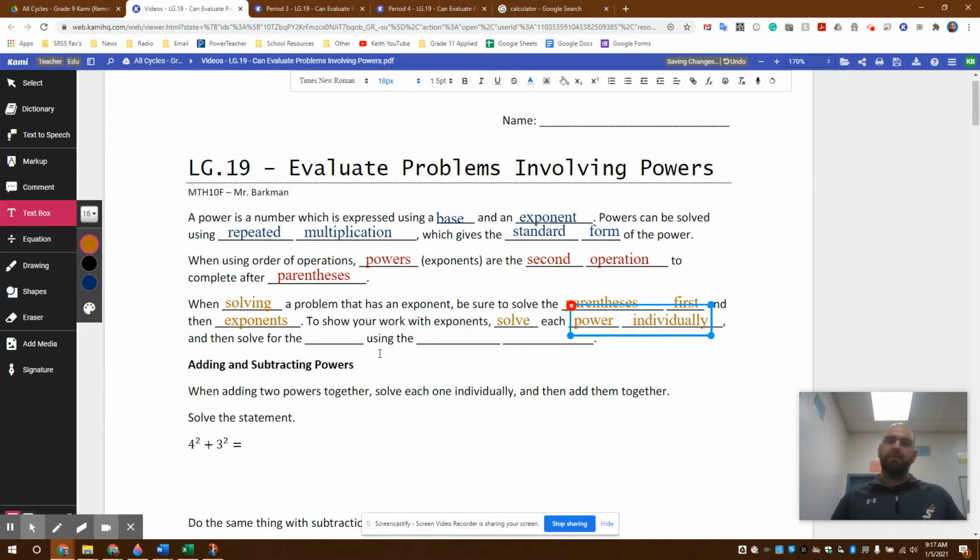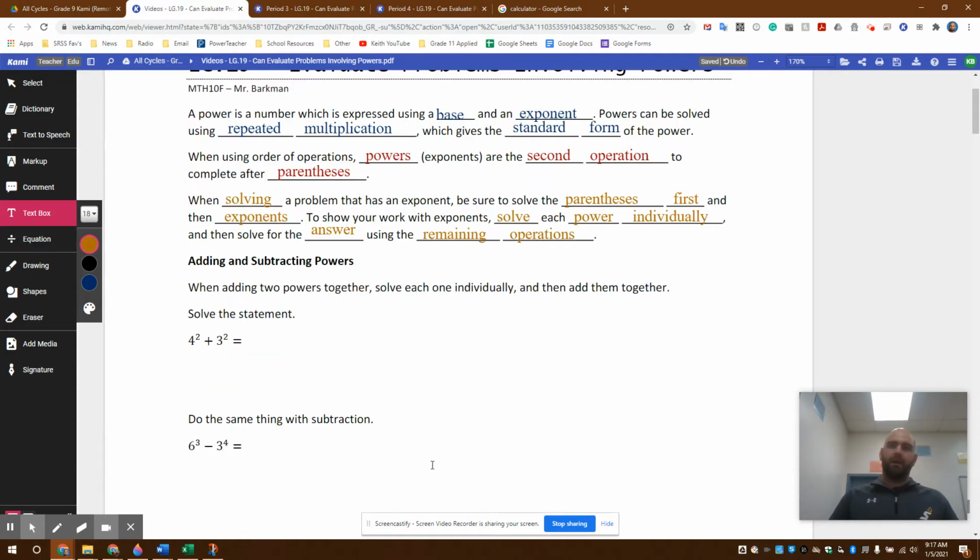Once we have solved them, we then solve for the answer using the remaining operations. I'm going to be showing that in all of the examples, going through each step and showing the work that you have done. So it's very important that we show every single step and the work that we've done.